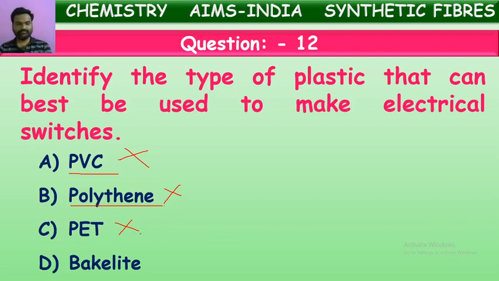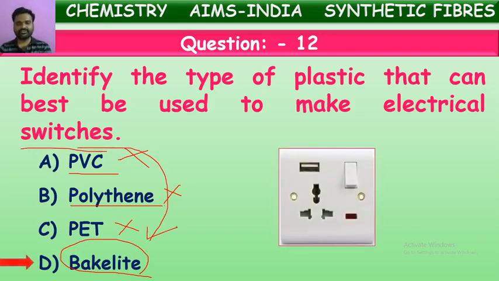So what is the correct answer? The thermosetting plastic, which is tough, thermal resistant, electric resistant: bakelite. Bakelite is used in making electrical switches and switchboards. It is the correct answer. Yes, we can see this switchboard is made up of bakelite plastic, thermosetting plastic.